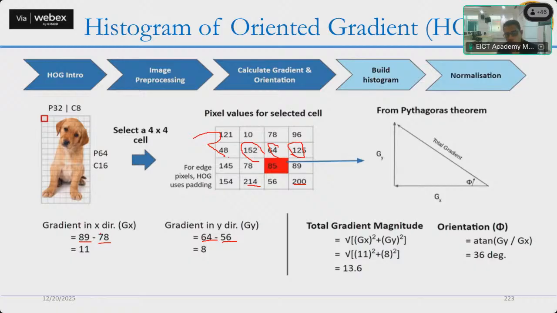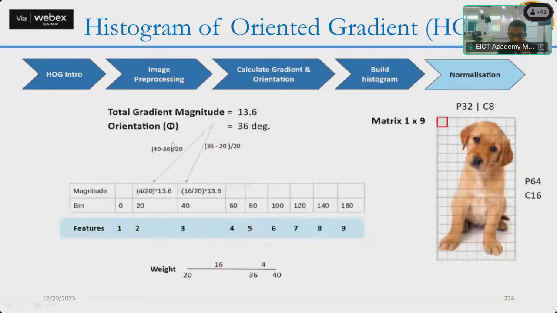Please be clear that here we are not using the pixel intensity, because it is a colored image. It is not the grayscale image. That's why we are taking it here. So that's why it has been calculated.